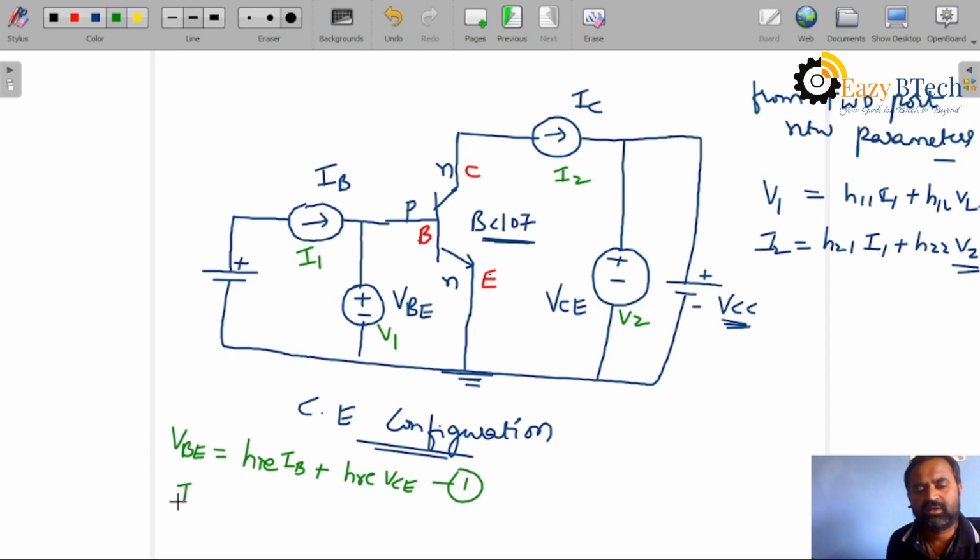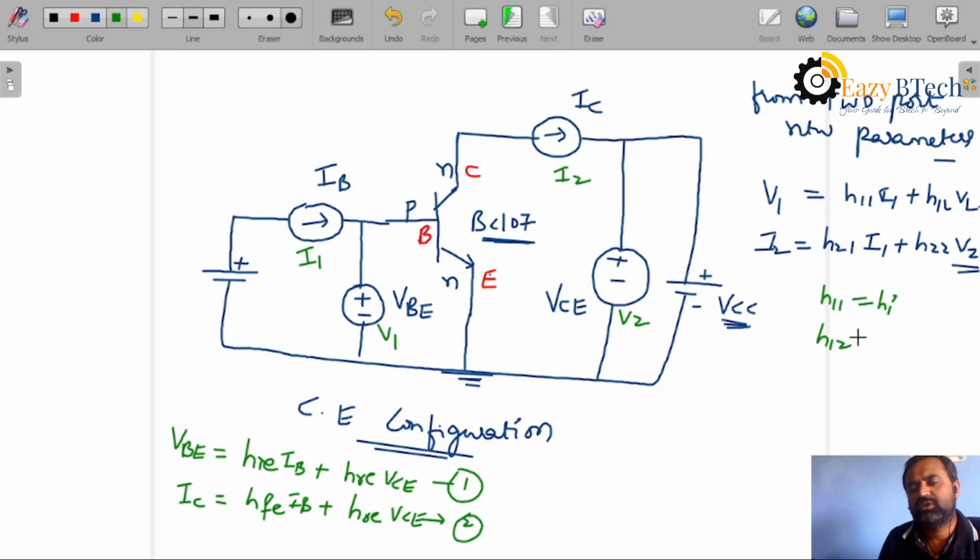Next, IC is equal to HFE IB plus HOE VCE. It is an equation. Okay, remember H11 we will write as HI, H12 as HR, H21 as HF, H22 as HO, as we discussed in the previous lecture.